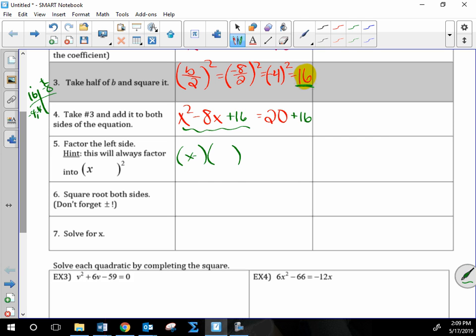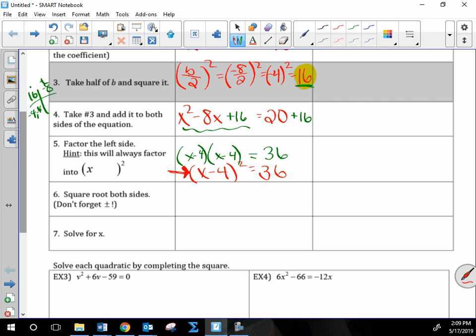So (x minus 4)(x minus 4). Okay, so this side factors to that. 20 plus 16 is 36. How can I rewrite this instead of (x minus 4)(x minus 4)? Good, so I can rewrite this as (x minus 4) quantity squared equals 36.